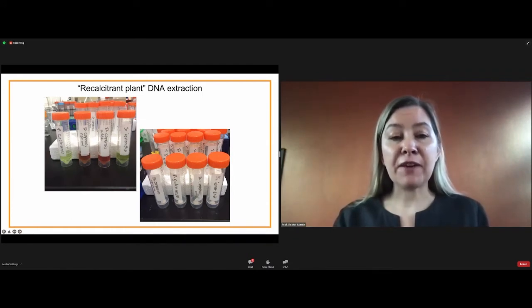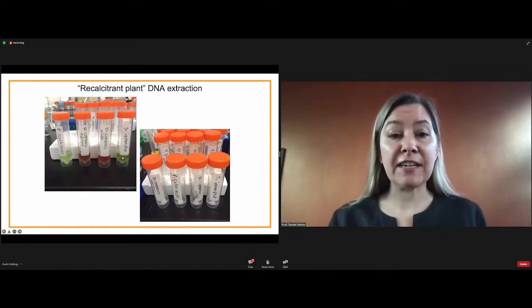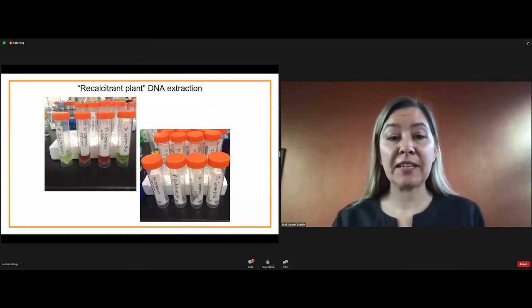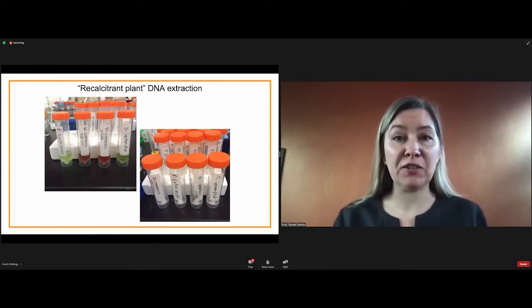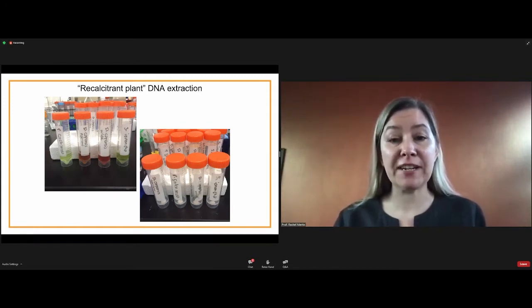They have a lot of pigments in the leaves with polyphenolic compounds, which derivatize the DNA and make it impossible to read. And a carnivorous plant also has nucleases all over it, so it's really difficult to get the DNA isolated in a form where you can read it. But that is a story for another day.